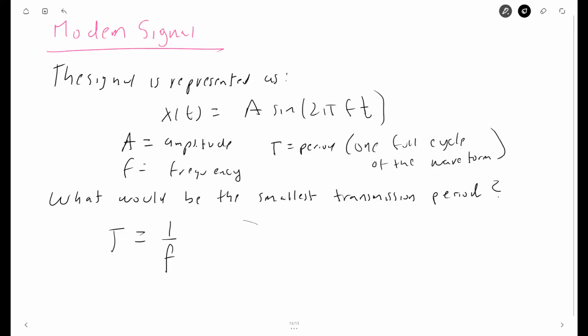This period ensures that the signal completes exactly one cycle within the given time frame. Remember that f is in hertz and T is in seconds. So if you're given a frequency, you can find the smallest transmission period.